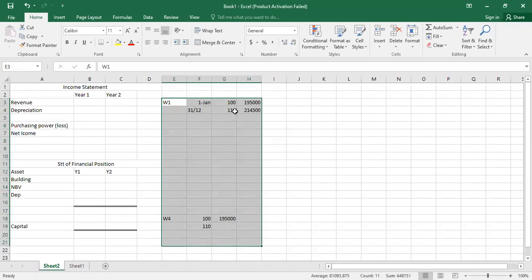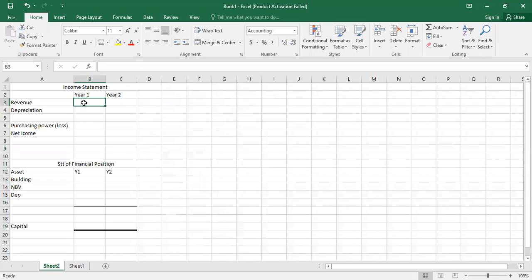So we are only replacing the assets, and we are in year 1. We've been told that the replacement cost for a new building of the same type is 180,000 at the end of year 1 and 210,000 at the end of year 2.